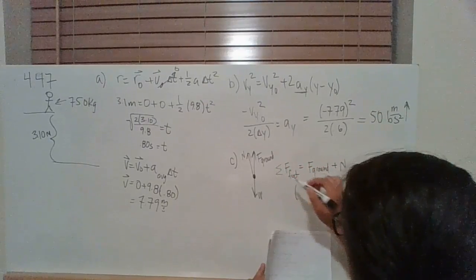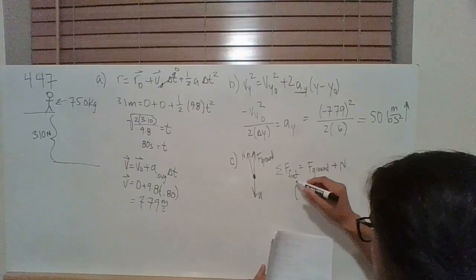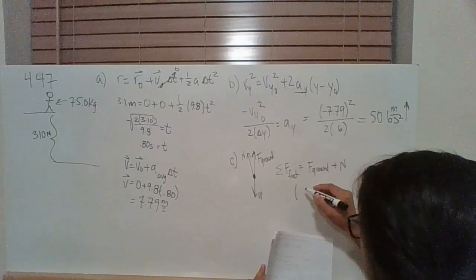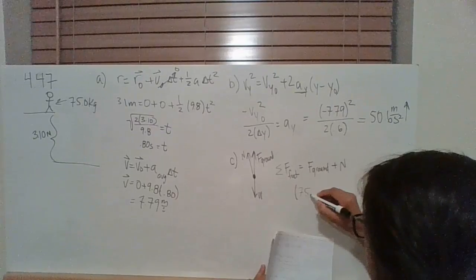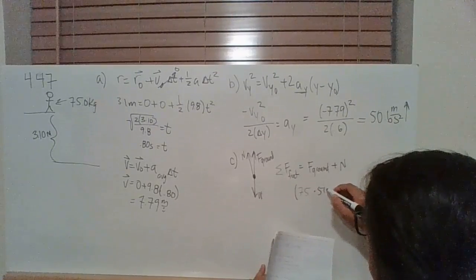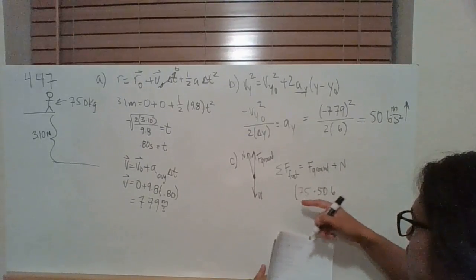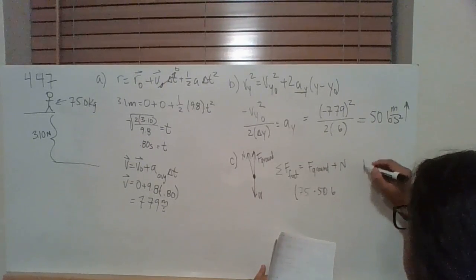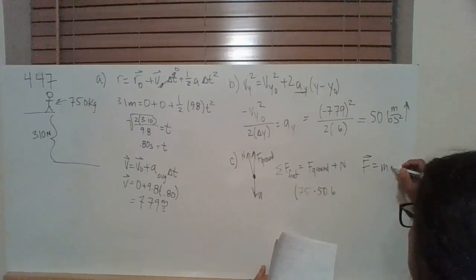Sorry, this is the sum. So the sum of the forces on his feet is the 75 kilograms times the 50.6 meters per second squared, because you're just using F equals ma.